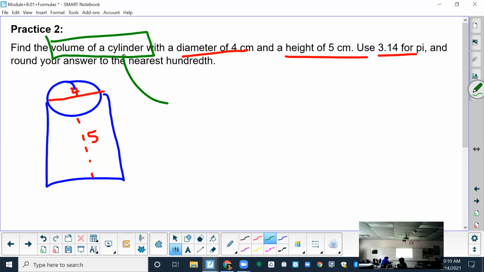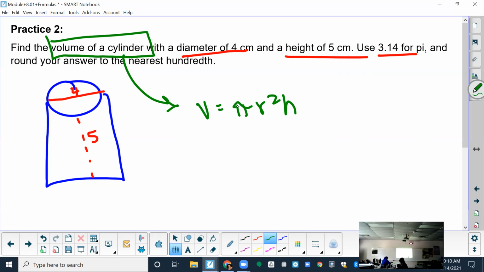Now find the formula for volume of a cylinder in your notes. Volume of a cylinder says that V equals pi r squared h.